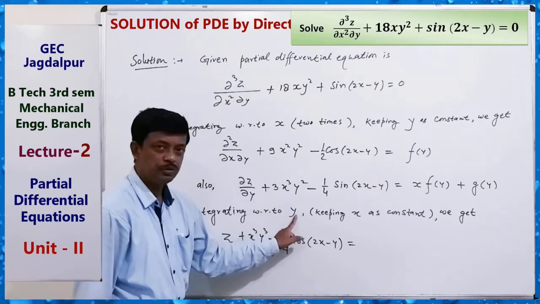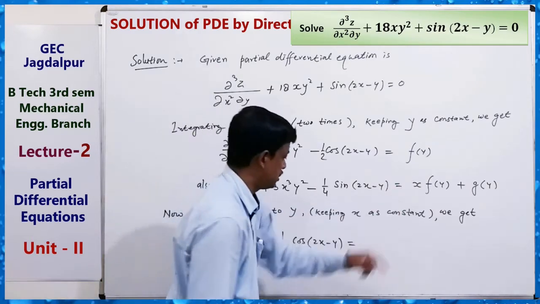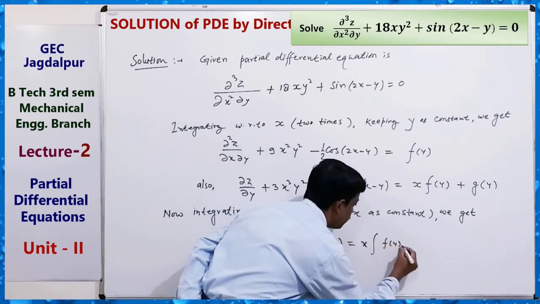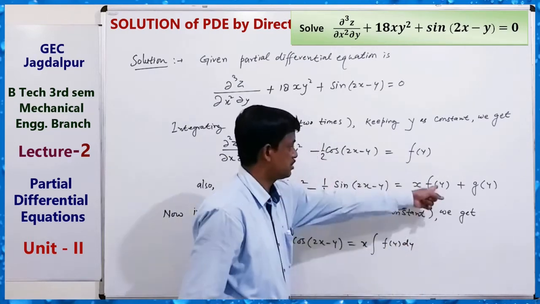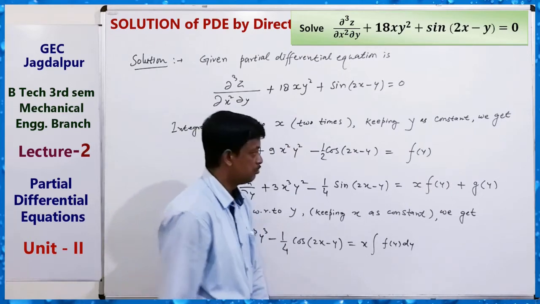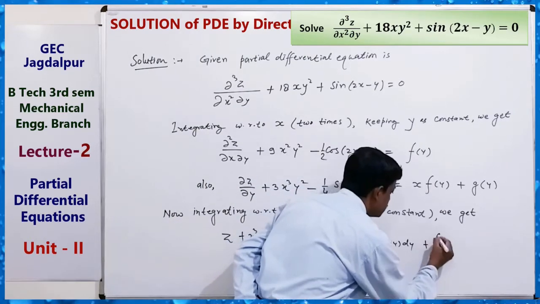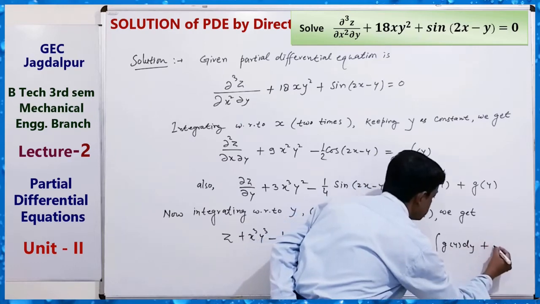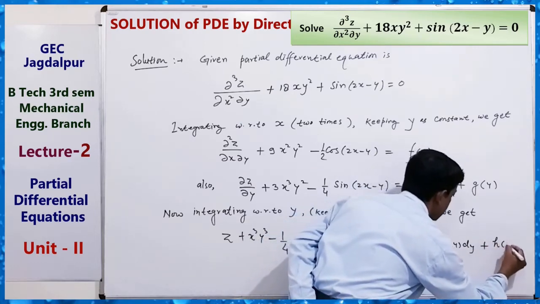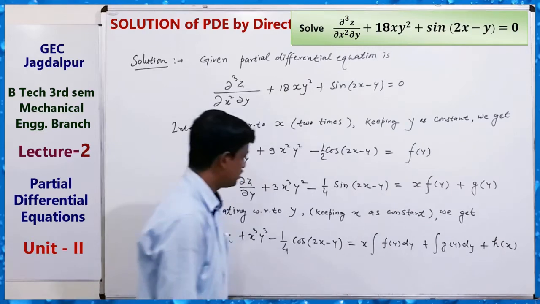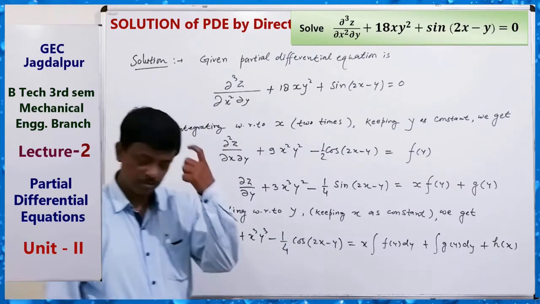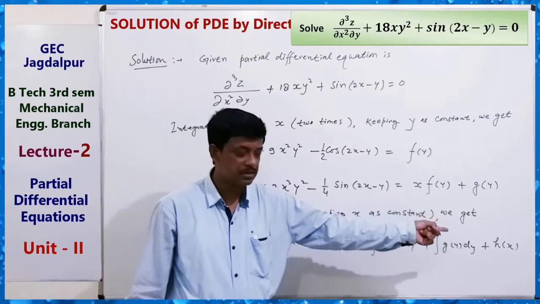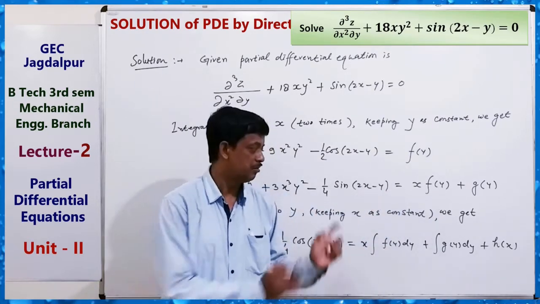Integrating with respect to y, x is a constant, so x times the integration of f(y) dy, plus also the integration of g(y) with respect to y, plus h(x), because here x is a constant, so at the time of integration we have to add a constant, which will be a function of x.